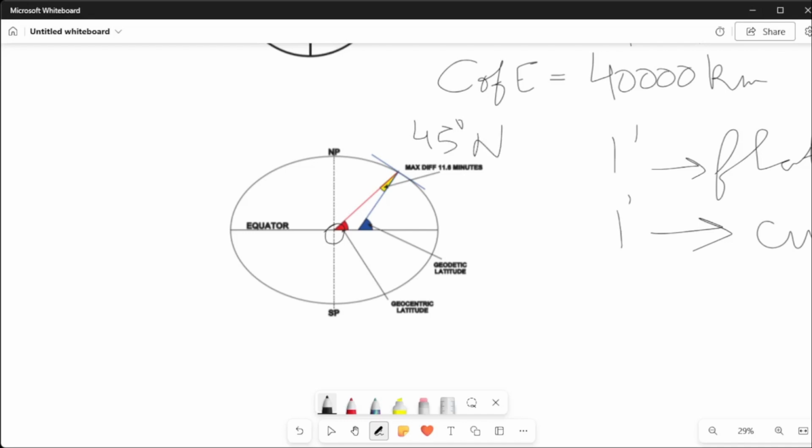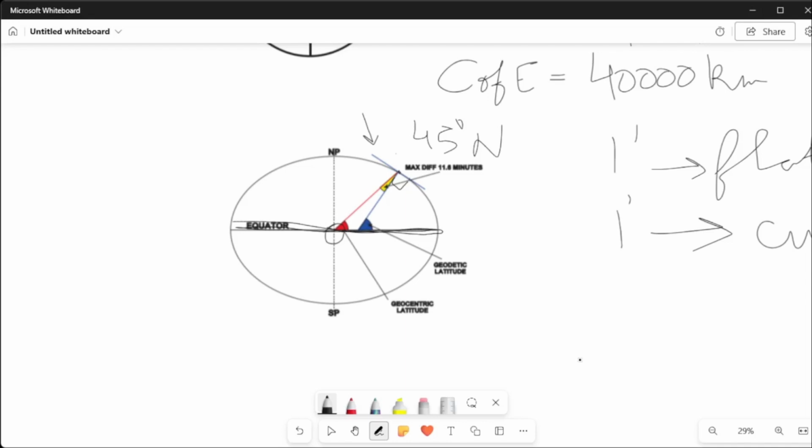But for a geodetic latitude, we know on the surface a point is 45 degrees north. We draw a tangent to that particular point, a tangent that only intersects the Earth at one point, and then we draw a perpendicular to this tangent wherever that line touches on the equator or plane of equator. This derivation is known as the geodetic latitude.